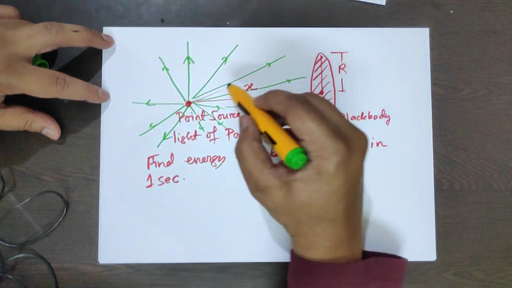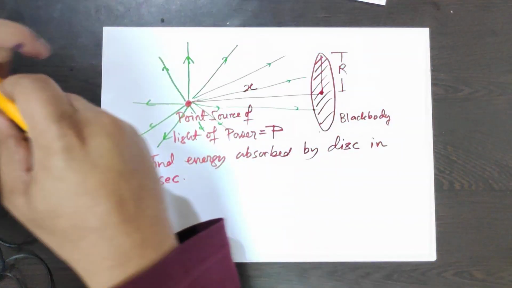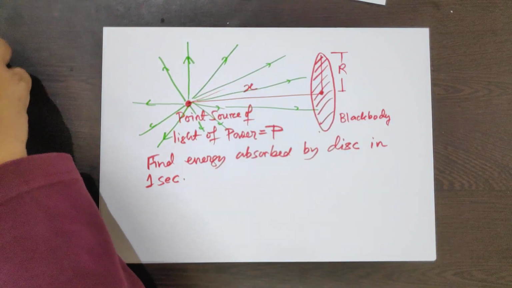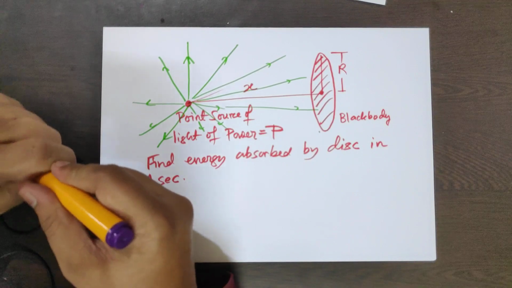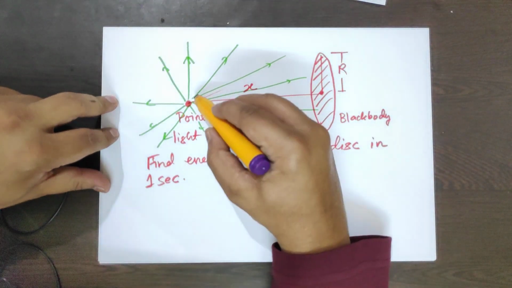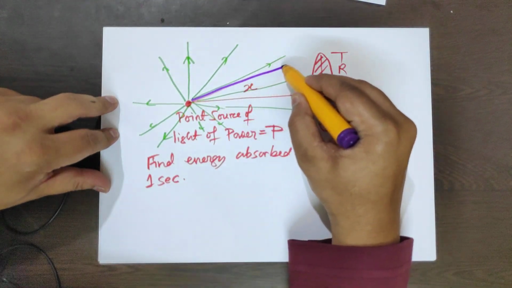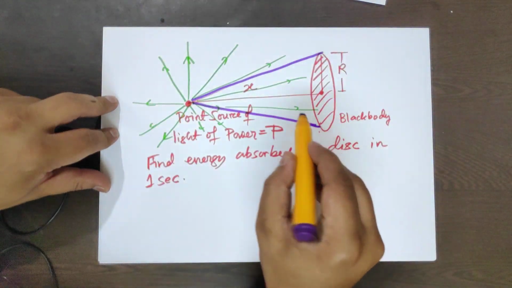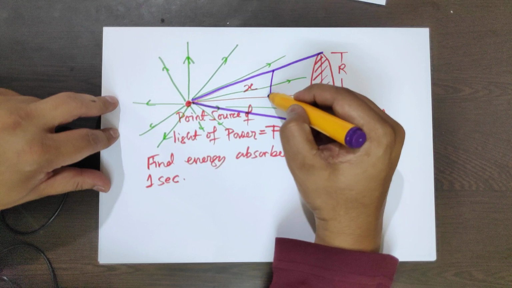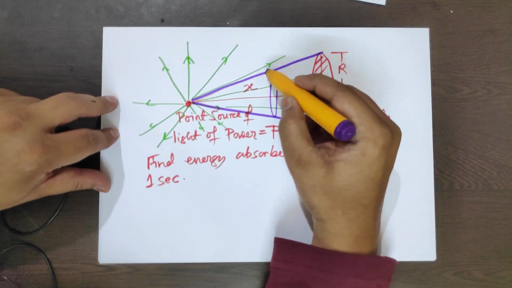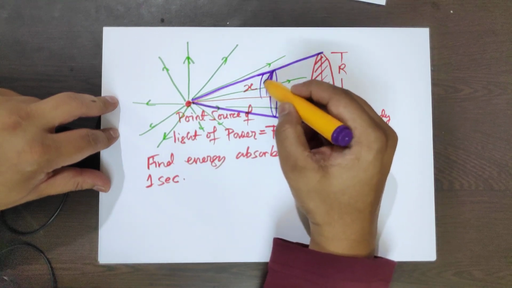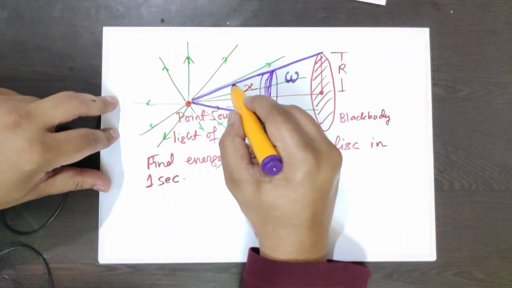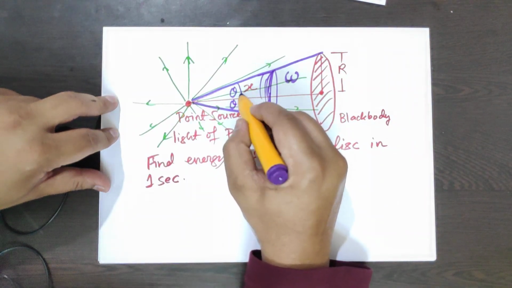So here this problem I will solve by the concept of solid angle in the following way. The energy absorbed by the disk depends on the solid angle omega subtended by the disk here. So this will be theta each.